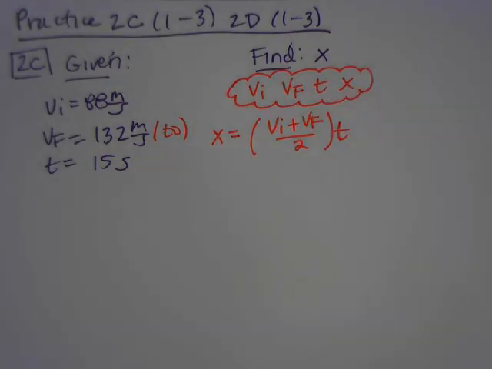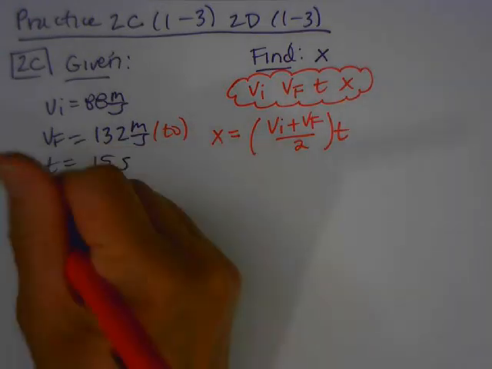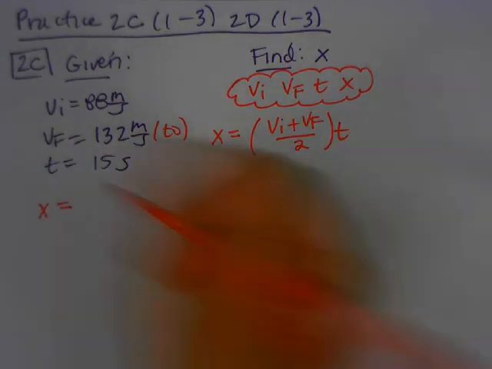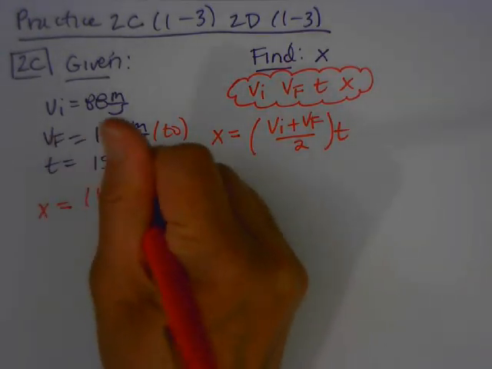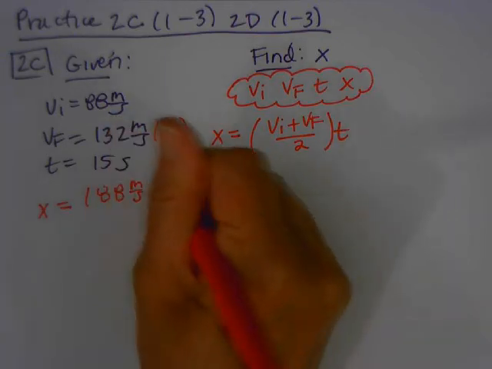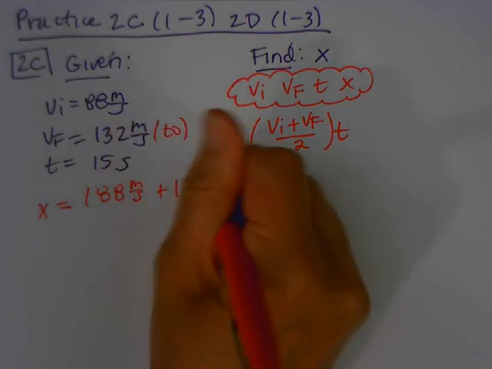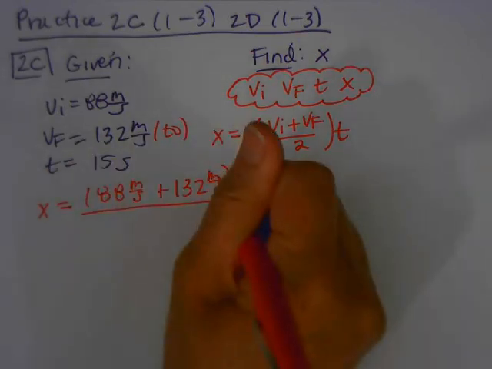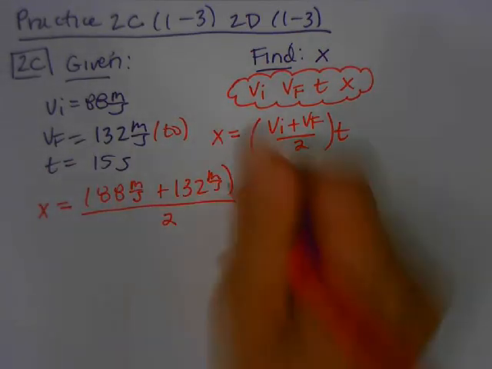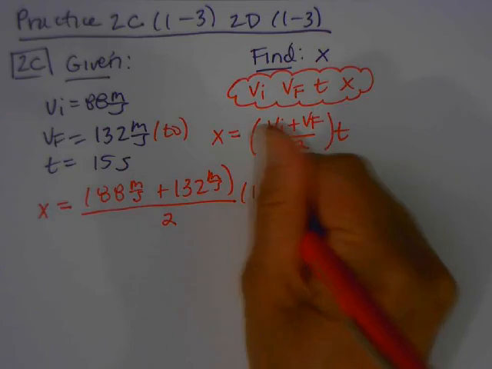I'm just going to substitute in my values. So x is equal to (88 meters per second plus 132 meters per second) divided by 2 times 15 seconds.